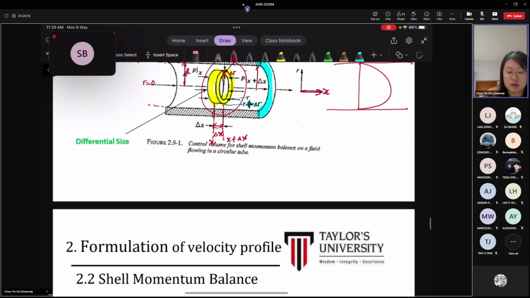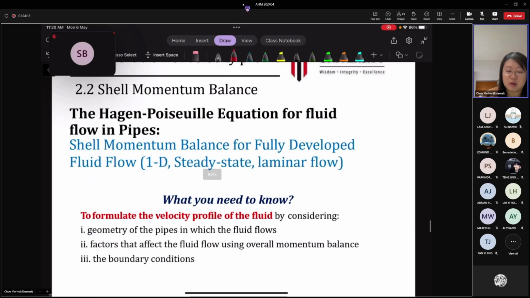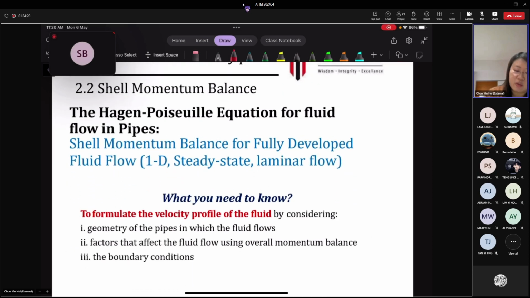Eventually, the Vx equation we get is known as the Hagen-Poiseuille equation for fluid flow in a pipe. We are analyzing the case of laminar flow at steady state, which means the rate of accumulation term is equal to 0, and it's one-dimensional, a horizontal pipe flow.